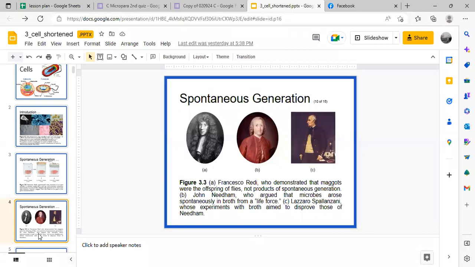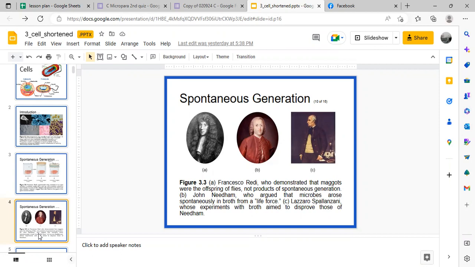So, yun yung idea niya na, okay, so pwede is for large organisms, totoo yan, life comes from other life. Pero itong mga microorganisms, bigla na lang nagsusulputan. So, explanation yan, may life force. Kung saan nagagaling yung mga microbes. Like, yung nangyari sa fermentation. Okay? And then you have Spallanzani, who did an experiment to disprove yung ginawa ni Needham.